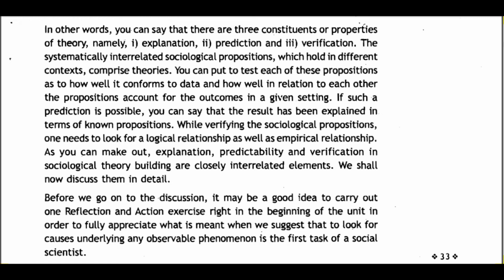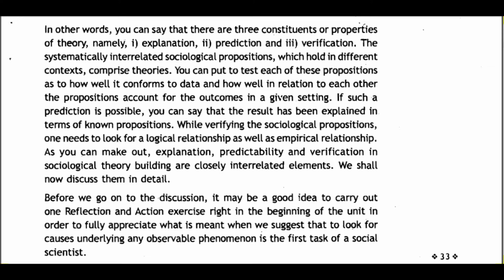In other words, you can say that there are three constituents or properties of theory, namely explanations, prediction, and verification. The systematically interrelated sociological propositions which hold in different contexts comprise theories. You can put each of these propositions to test as to how well it conforms to data and how well, in relation to each other, the propositions account for the outcomes in a given setting.